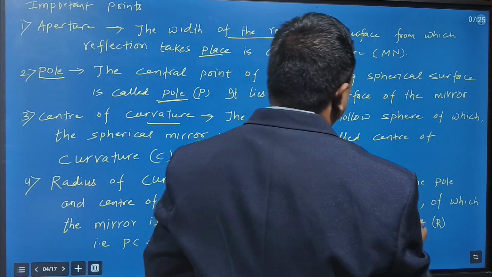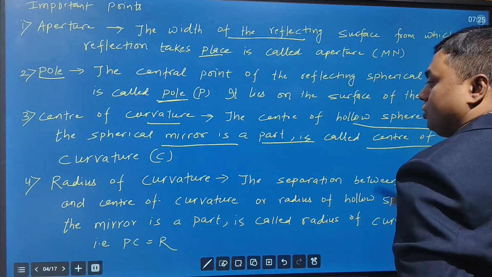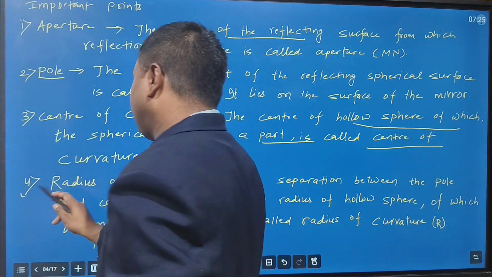Next, the center of curvature: the center of the hollow sphere of which a spherical mirror is a part is called the center of curvature. What about the radius of curvature?